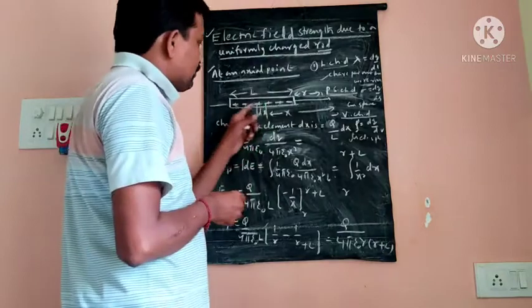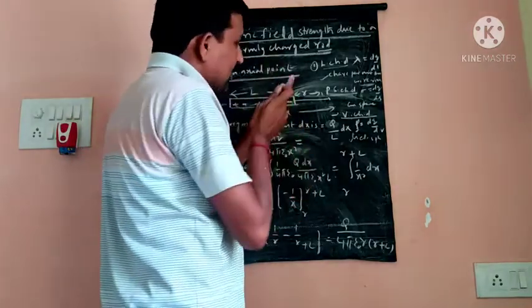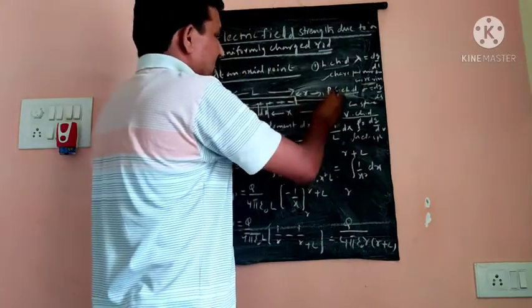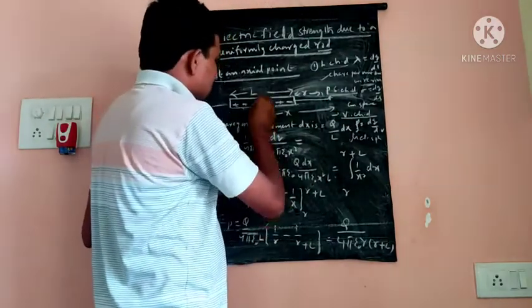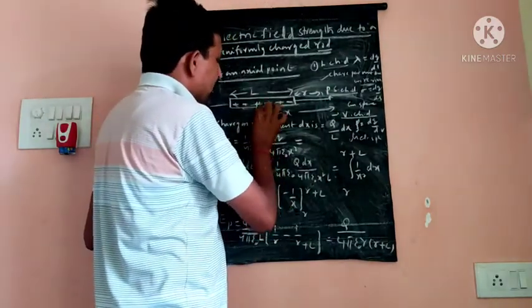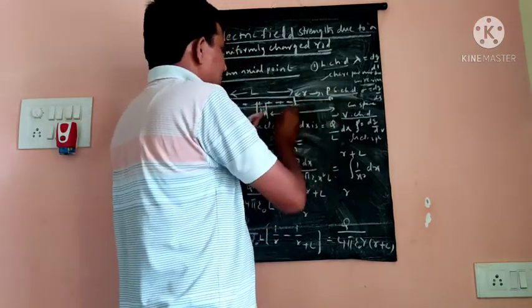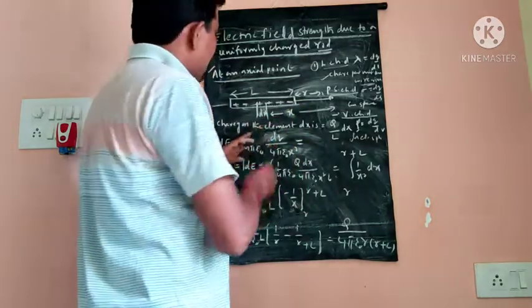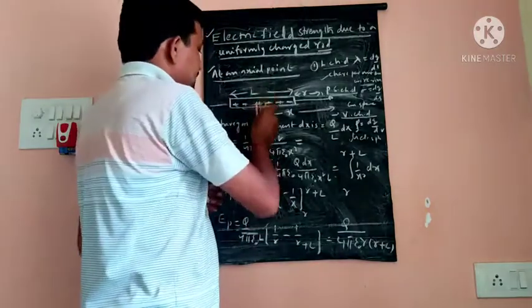Now we want to calculate the electric field strength at point P, which is at a distance R from the rod. For that we take one small element dx, at distance x from point P.